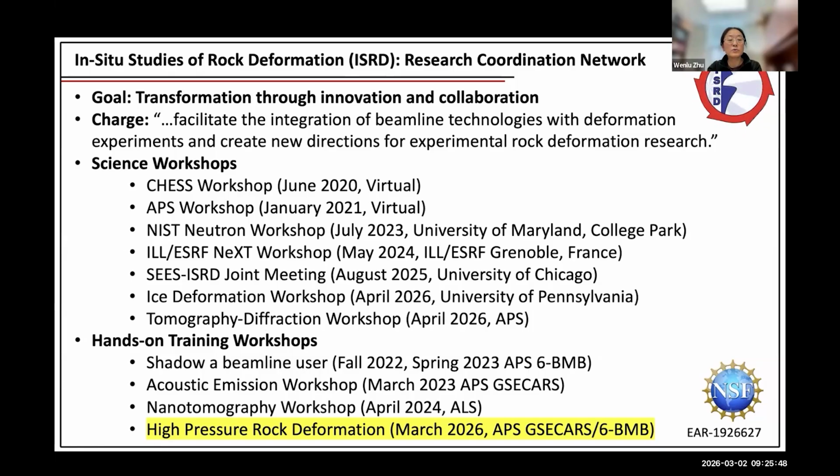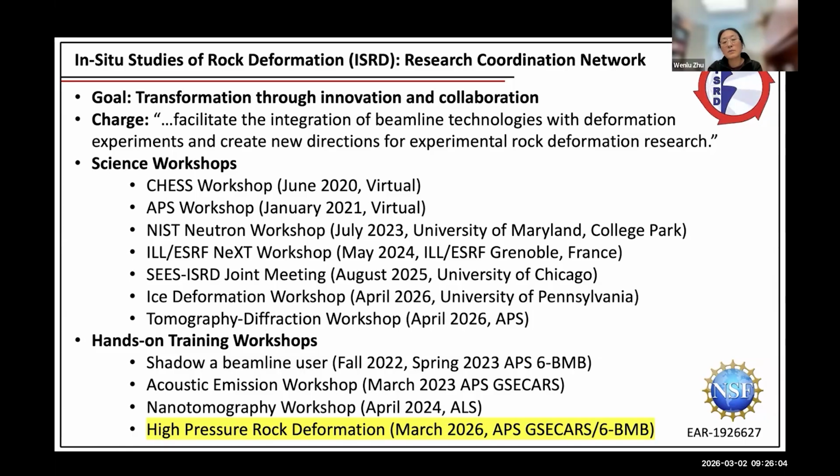And we also try to bring the students and postdocs up to speed, because for lots of rock deformation groups, a student or postdoc hasn't had a chance to work at the beamline.